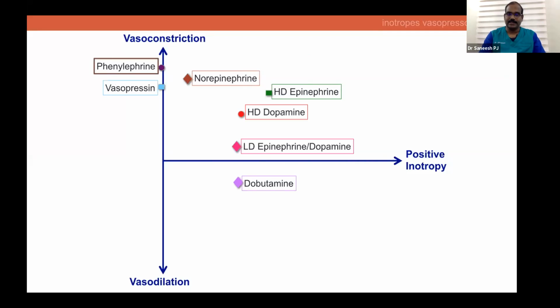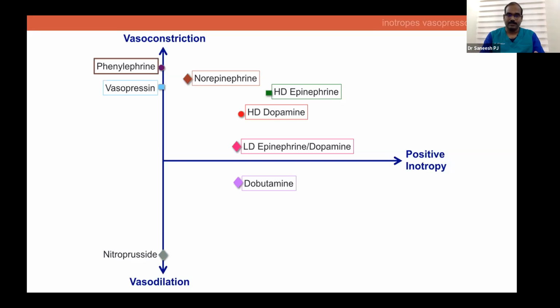Dobutamine for a change falls below the baseline. So that means it causes vasodilatation. But if you look at the inotropy side, it has come all the way to the right side. So it has positive inotropic action and vasodilatory action. To take nitroprusside, NTG and all, they will cause only vasodilatation. So they will not move rightwards, they will move only downwards.